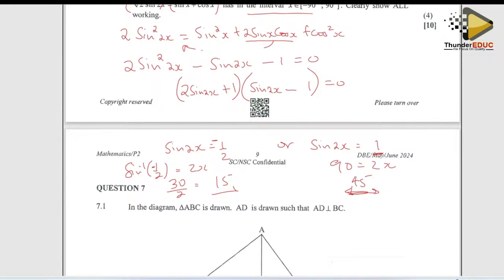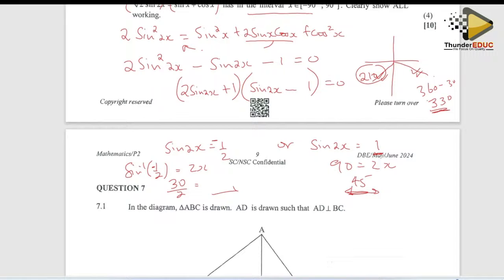Okay. Where do we find sine to be negative? It's in the fourth quadrant and the third quadrant. So that's going to be 360 minus 30, which is 330. Okay, so this isn't correct. 15 is not correct.